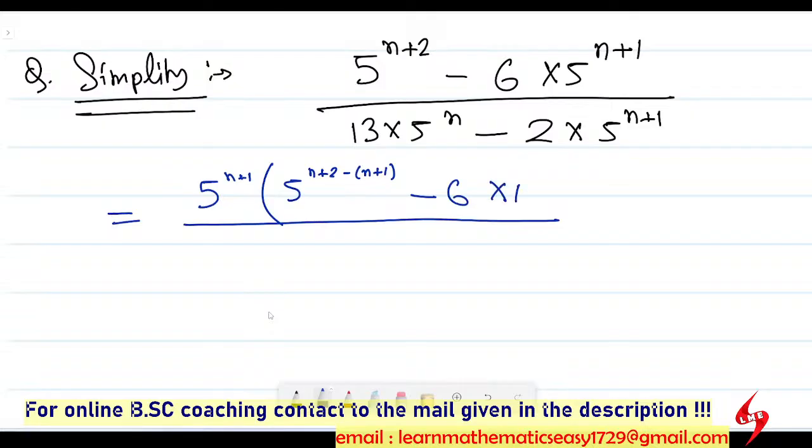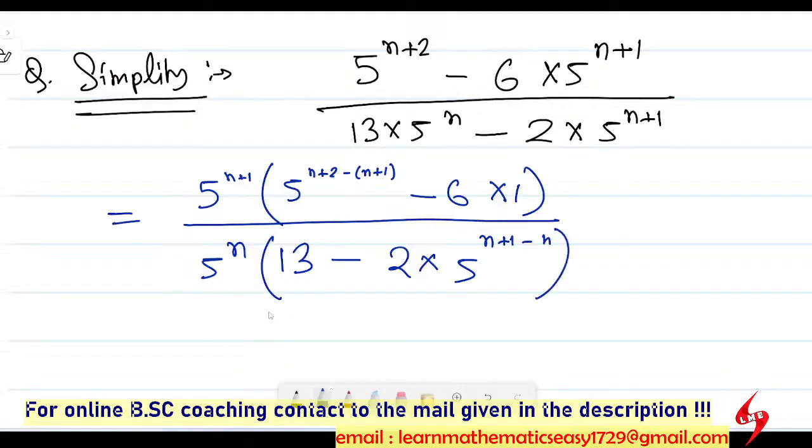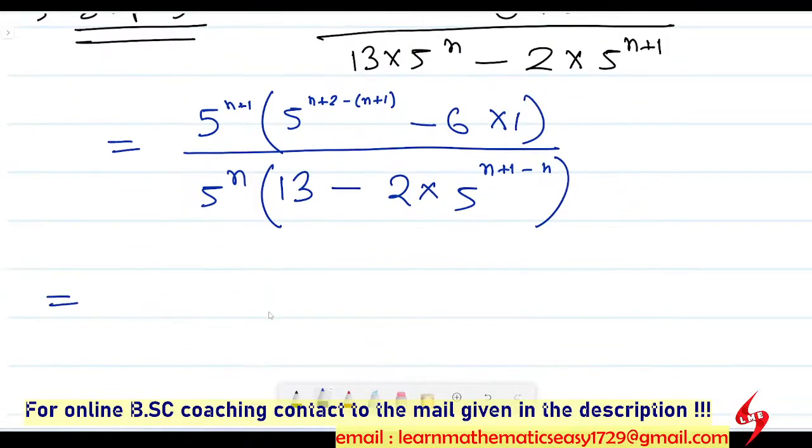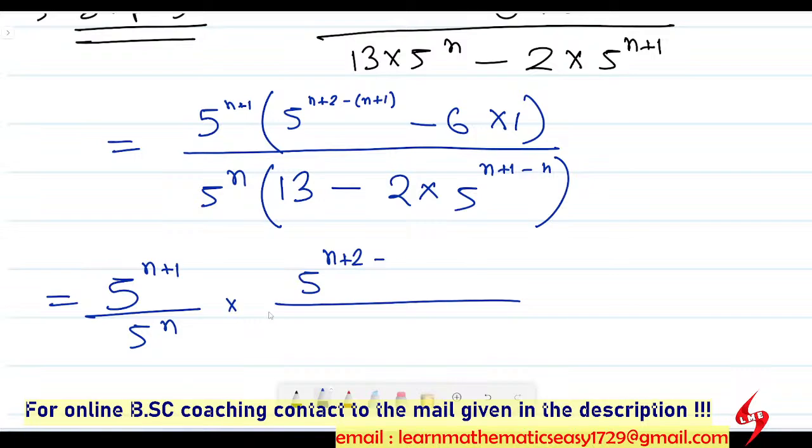So this is my 5 to the power 1. And here we can take common as 5 to the power n, 13 minus 2 into 5 to the power n plus 1 minus n. The common terms will be cancelled out. So this is my 1.